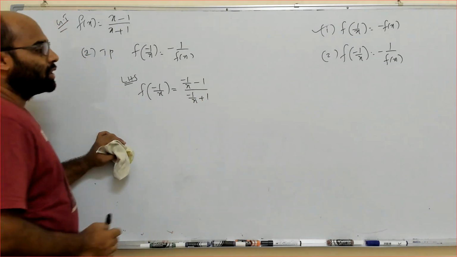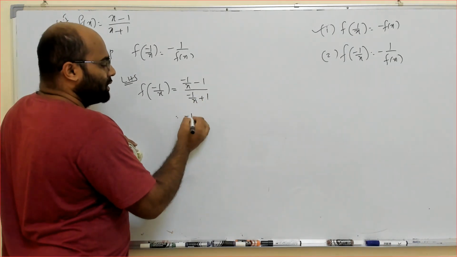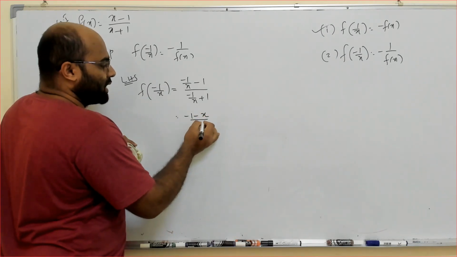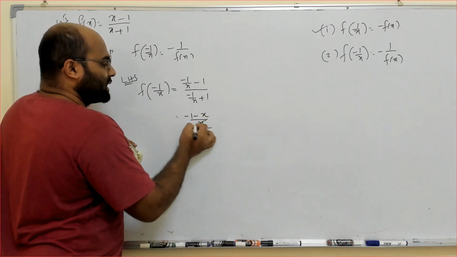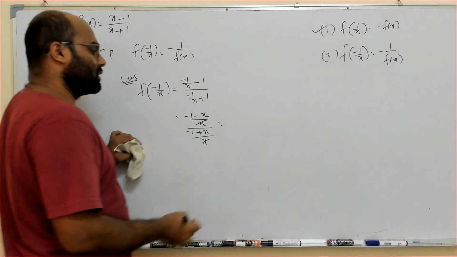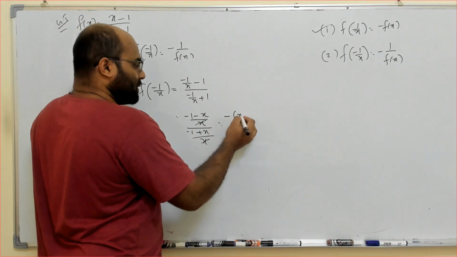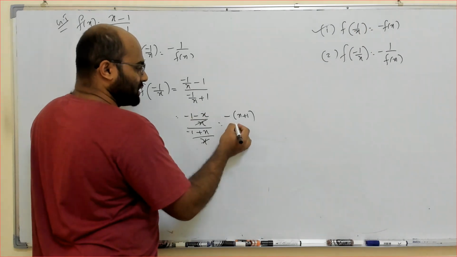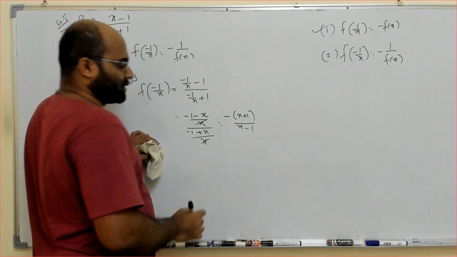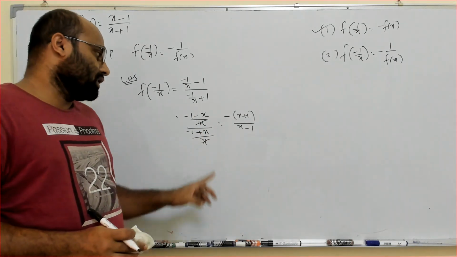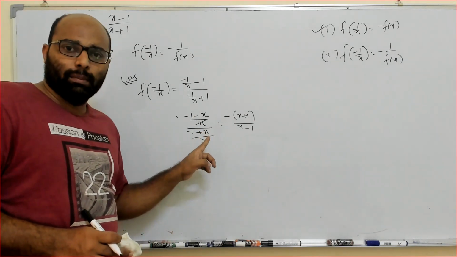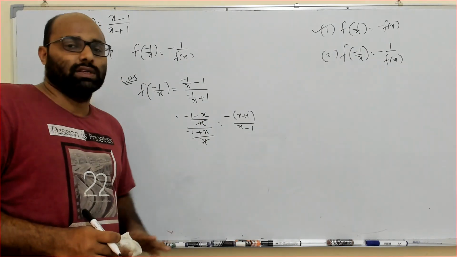Now we have to take LCM. Minus 1 minus x by x, minus 1 plus x by x. x and x cancel. It will be minus of x plus 1, I wrote, minus I took outside, and here x minus 1. And in the denominator I didn't apply commutative, I just rearranged to x minus 1.